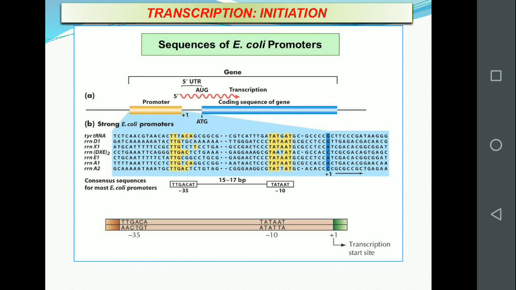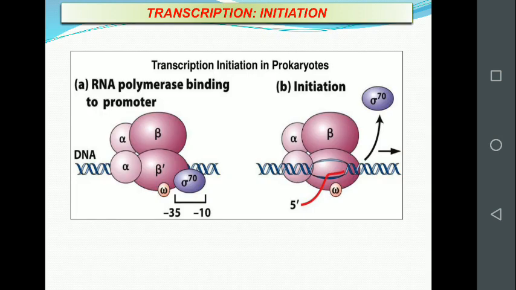In most cases it is A, not in all cases, but for most of the genes. During the transcription initiation process, RNA polymerase assembles on the promoter site, and the promoter binding is facilitated by the sigma factor.